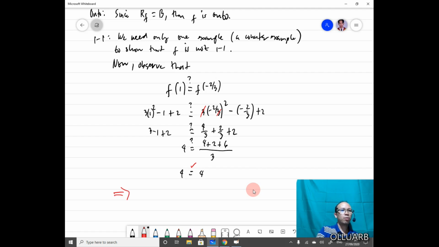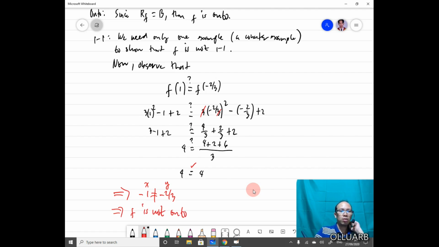However, negative 1 is not equal to negative 2/3. So this is our x and this is our y. Based on the definition, they must be equal, but here they are not equal. So this implies that our f is not one-to-one.